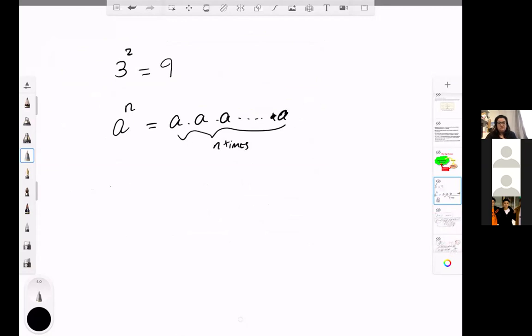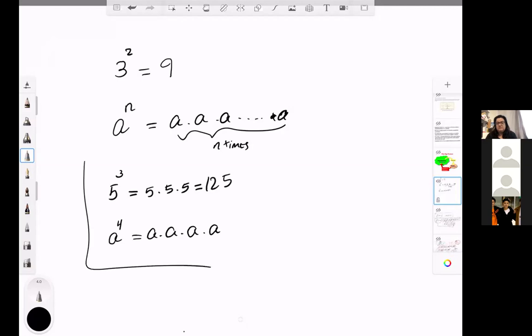For example, 5 to the power of 3 means 5 multiplied by 5 multiplied by 5. In your calculator, you will get 125. If I ask what is a to the power of 4, that means a multiplied by a multiplied by a multiplied by a.